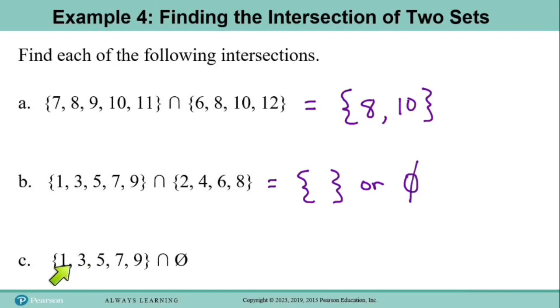And then in part C, we have the set containing 1, 3, 5, 7, and 9 intersected with the empty set. And you know that the empty set does not contain any elements. Therefore, these two sets have no elements in common, and therefore the intersection is the empty set. So you could write it again with the curly braces or with the empty set symbol.